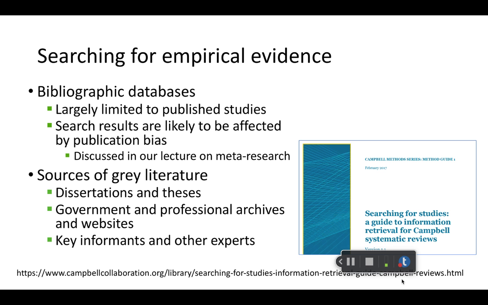There's a good guide to searching for studies on the Campbell Collaboration website. The URL is shown here. This is actually a terrific source because it shows a list of relevant databases for searching in the social sciences, and also an extensive list of sources of high-quality gray literature.